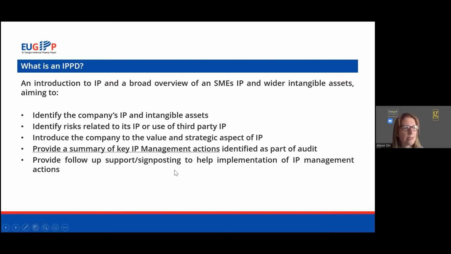So as you can see on my slide, we will be looking to identify the company's IP and intangible assets. Then to identify some obvious risks. Some may already be obvious by looking at an SME's website, and in this case, by reading the case study.